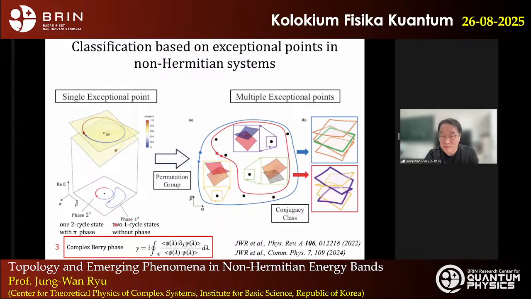Combining these two properties, the cycle of permutation and the Berry phase, we can reconstruct our permutation group, and we can make the final classification using the conjugacy classes for our multiple exceptional point case.